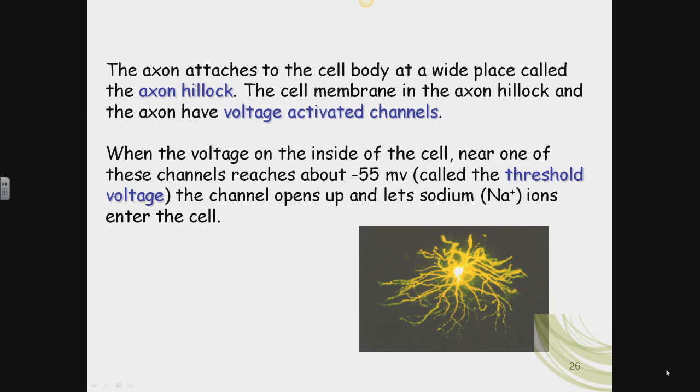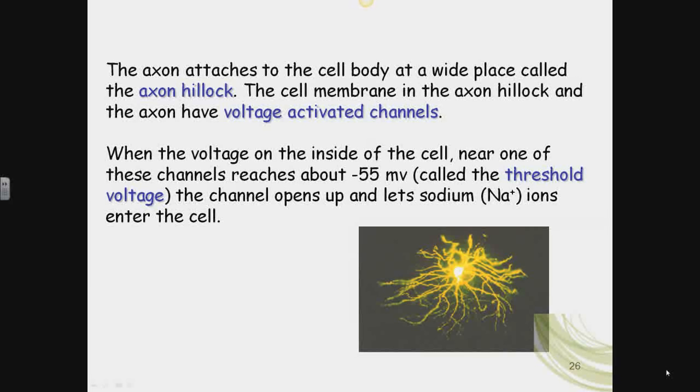So what's the trigger point, this all or none decision? We don't call it a trigger point, we call it threshold. Same kind of concept. And what it means is, in order to get those voltage-gated channels, remember, they need a certain amount of electrical current to get them to open. Well, the inside of the cell has to go from roughly minus 70, become less negative, more positive, to about minus 55.